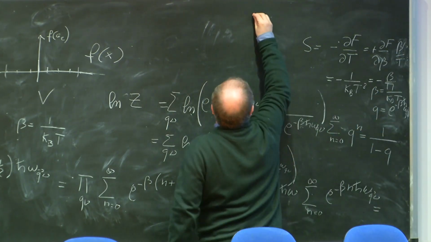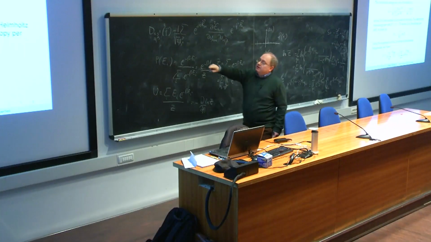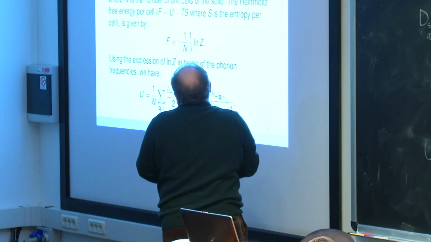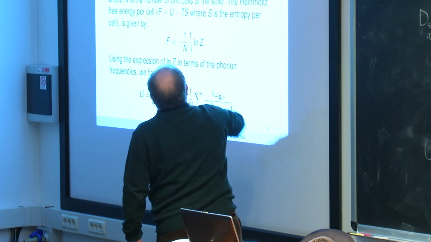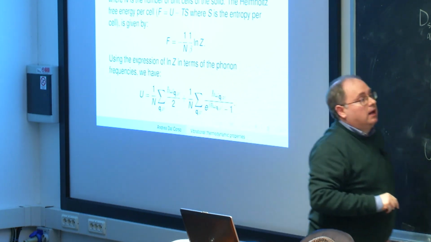And so just to convince ourselves that F must be this object, even if you can demonstrate it in many ways, it is in statistical physics books.